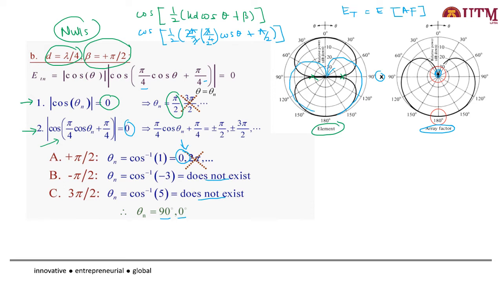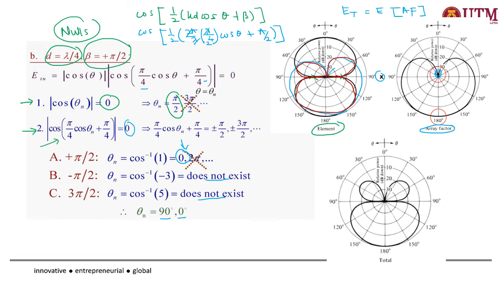You will get some shape here, and then here, and also at the bottom. This is the final field, in which the nulls appear at 90 degrees at this point and also at 0 at this point.